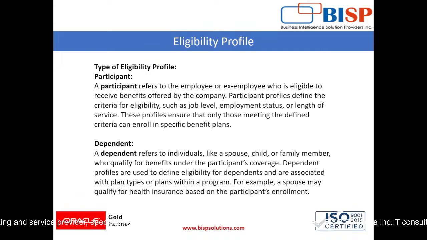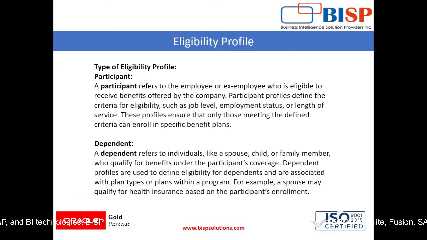Then after derived factors, we saw eligibility profile, in which we have two eligibility profiles. One is participant eligibility, and the second one is dependent eligibility profile. In the participant profile, the employee or ex-employee who is eligible to receive benefit offered by the company is included.